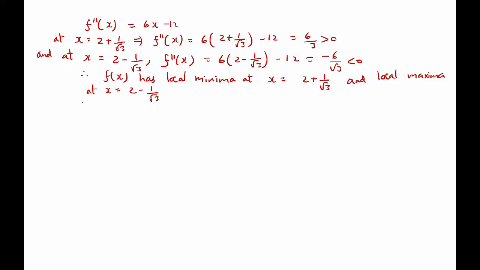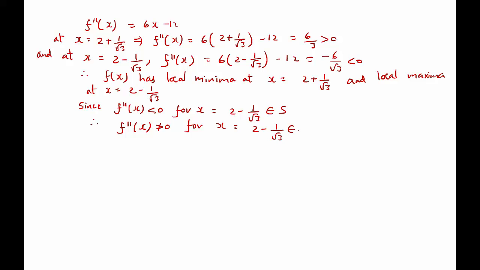So since f double dash x is less than 0 for x is equal to 2 minus 1 by root 3 belonging to S, therefore f double dash x is not greater than 0 for x is equal to 2 minus 1 by root 3 belonging to S. So therefore, statement 3 is not correct.